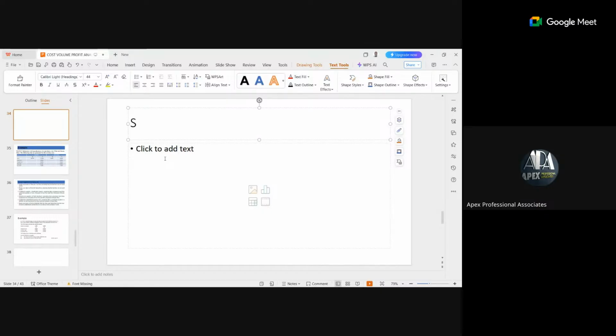Steps to determine break-even points. Now, number one step, or step one.